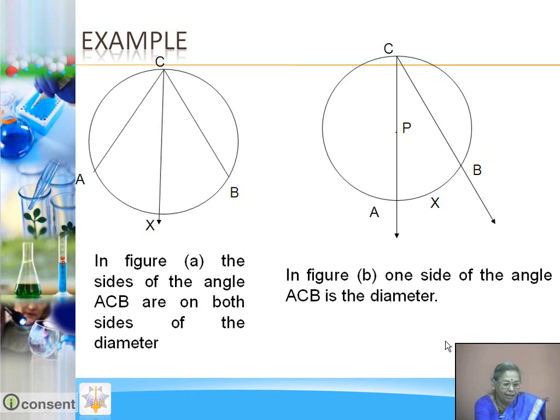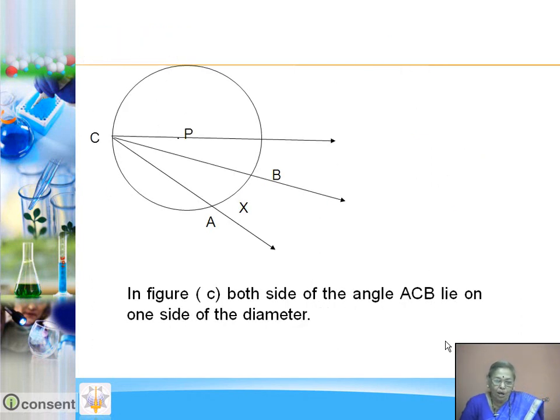And in the third figure, you will see that both sides of the angle are on one side of the diameter. You can prove that an inscribed angle is always half the measure of the intercepted arc. You can see the proof of this in your textbook.